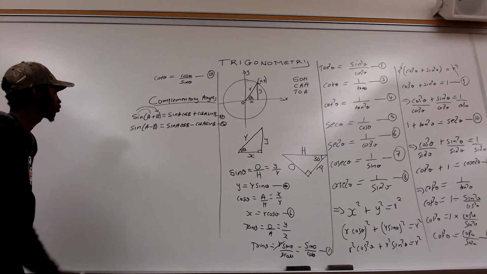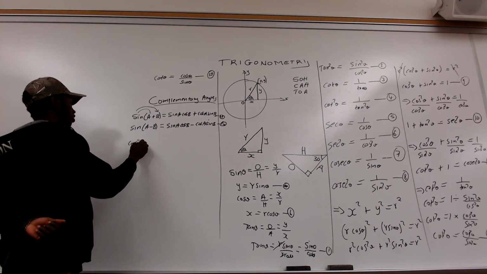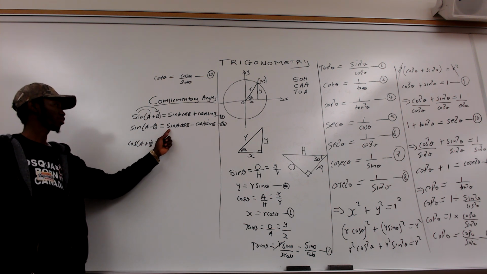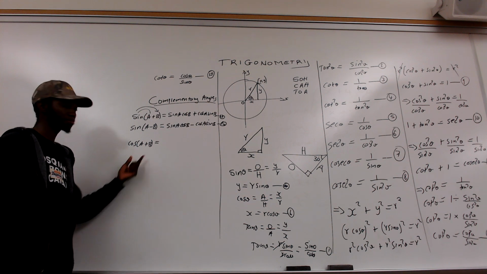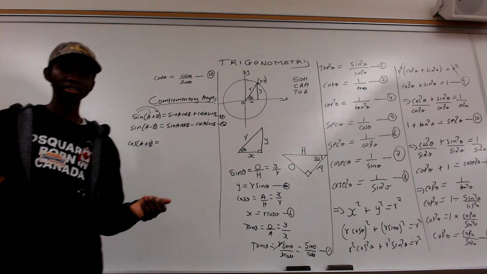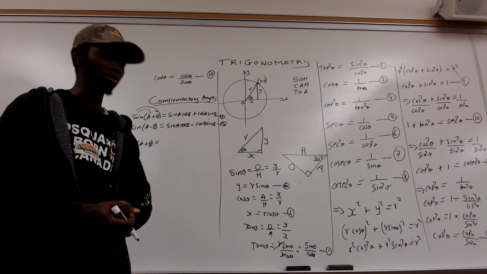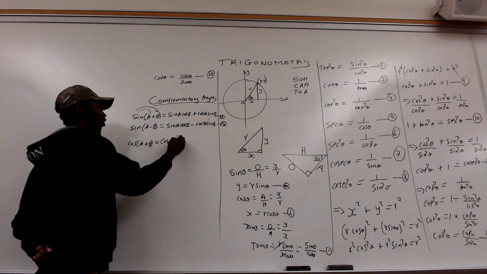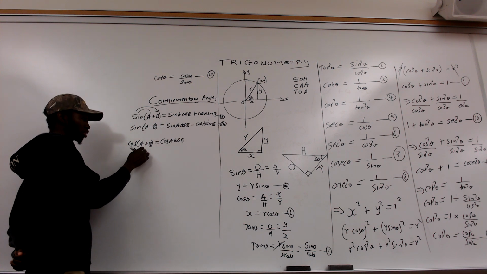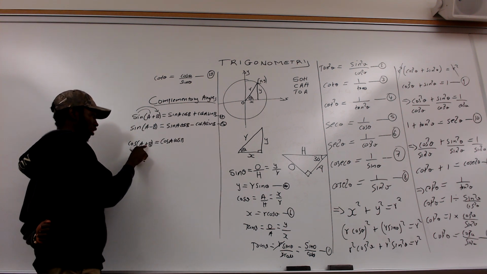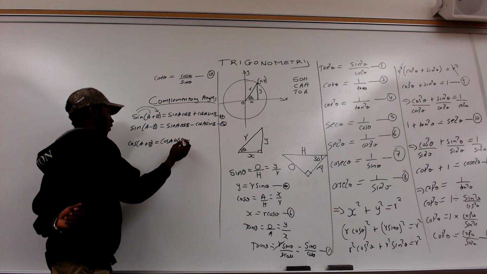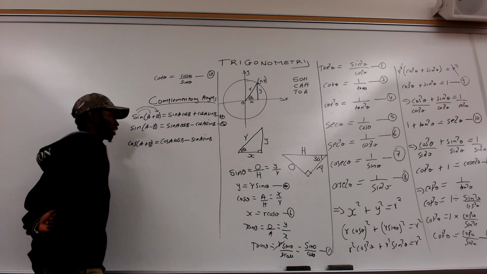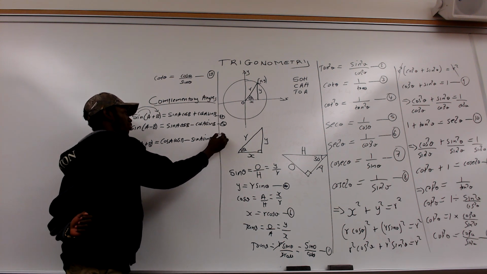So if we move to cos again, we say cos of A plus B. Cos is biased. Cos is not like sine, where we mix sine and cos. Cos will be on one side, and sine will be on the other side. So we have cos A cos B, and if the sign is plus, it changes to minus, which is sine A sine B. This gives us identity 15.